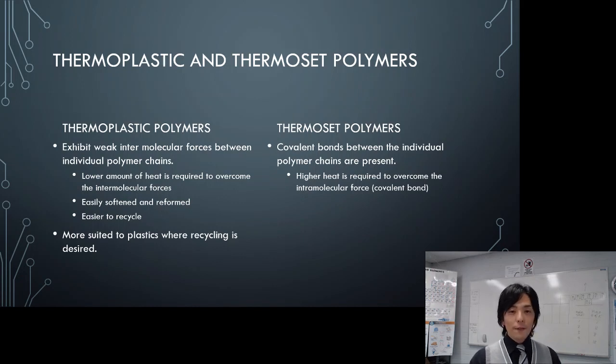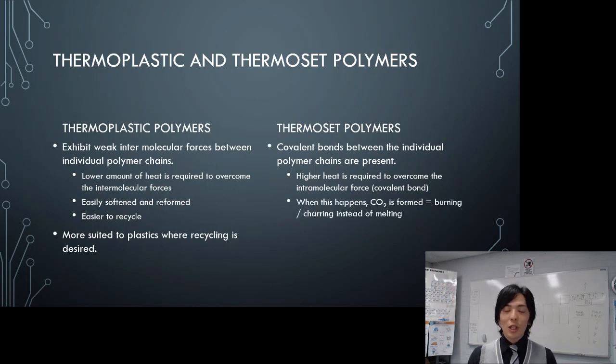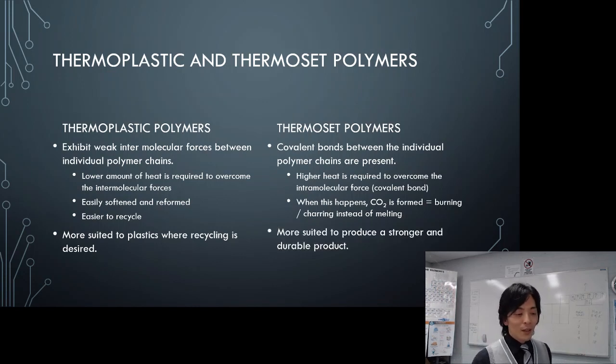Now, if you apply too much heat, instead of breaking the bond and making it liquid, once it's formed, they start charring or burning. So instead of becoming liquid, you would be making carbon dioxide, which is a combustion reaction, not the physical change of melting. Therefore, thermoset polymers are more suited for something that's much stronger, durable. You don't want them to burn down or melt so quickly.